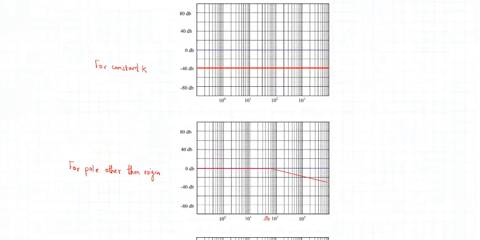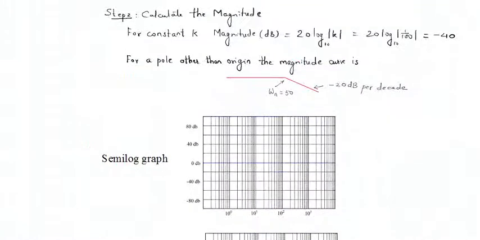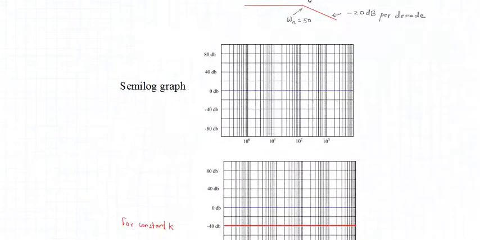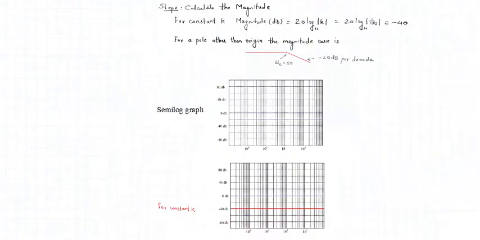You can go back to your transfer function and look at it. How is the arrangement of your system? You had done the system arrangement in this way, S by omega n. So your omega n is 50. Now when we look at the system characteristics, how is the magnitude spectrum for a pole other than at origin?